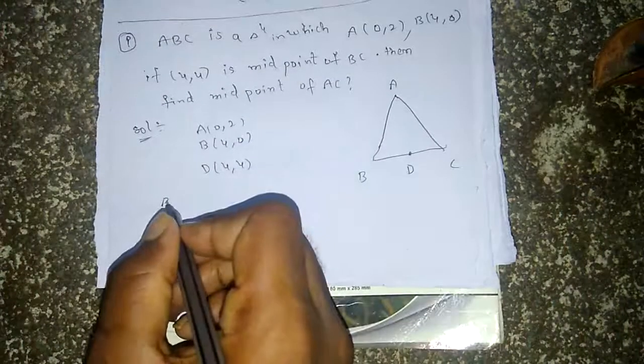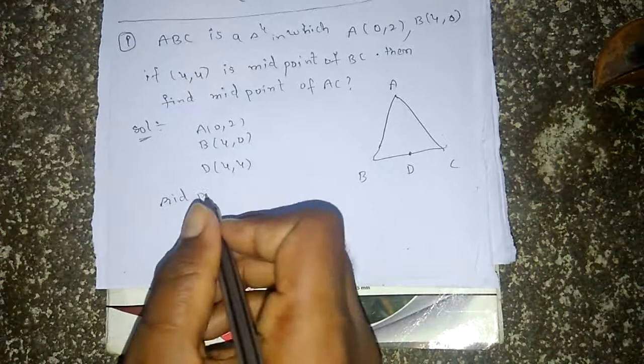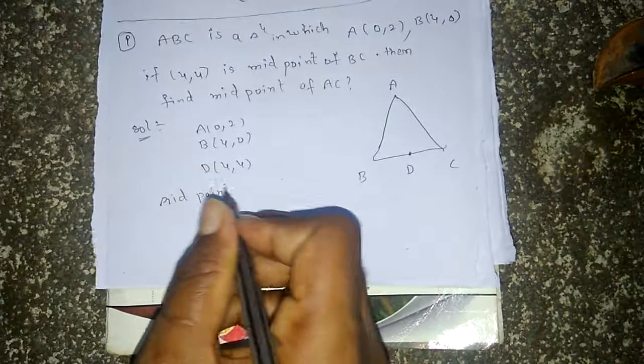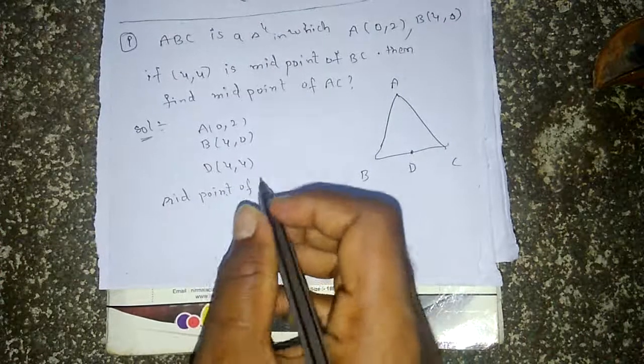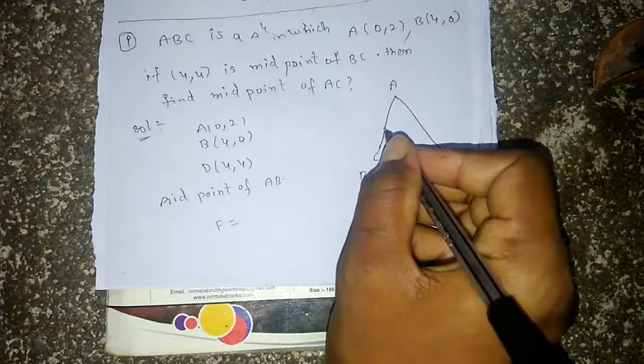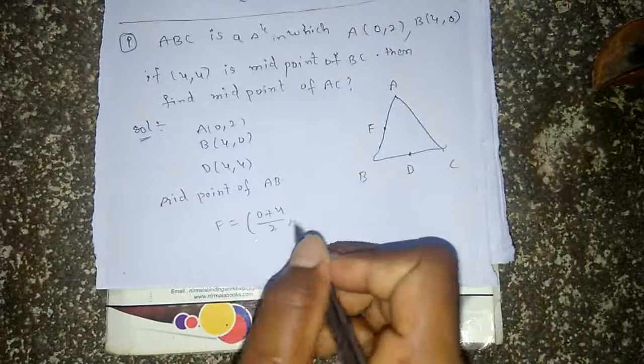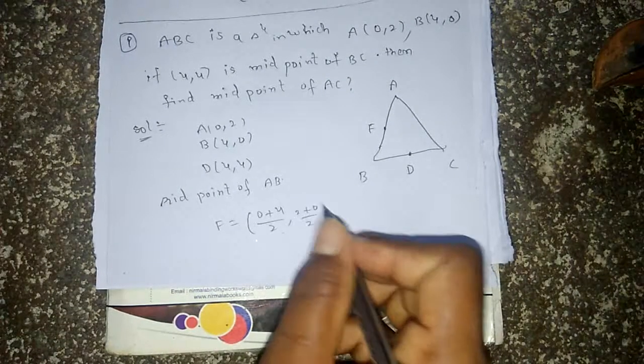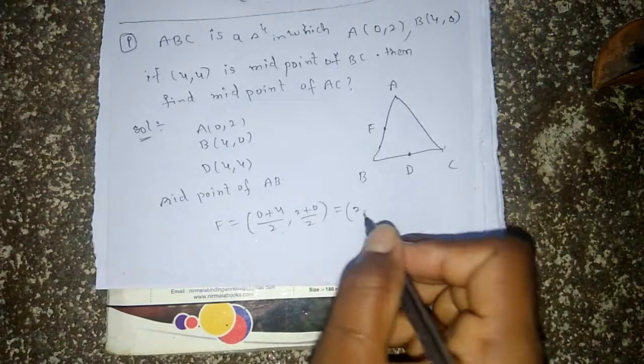Now let us find the midpoint of AB. Let it be F. That is ((0 + 4)/2, (2 + 0)/2), that is (2, 1).